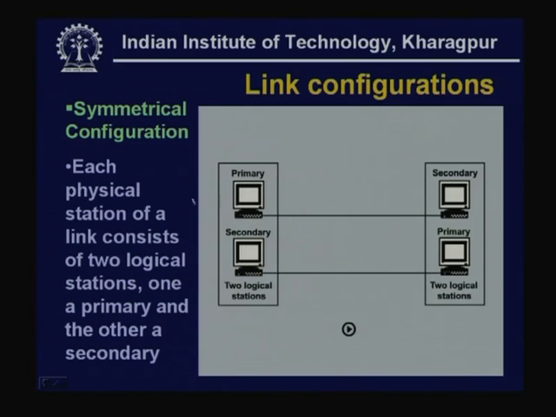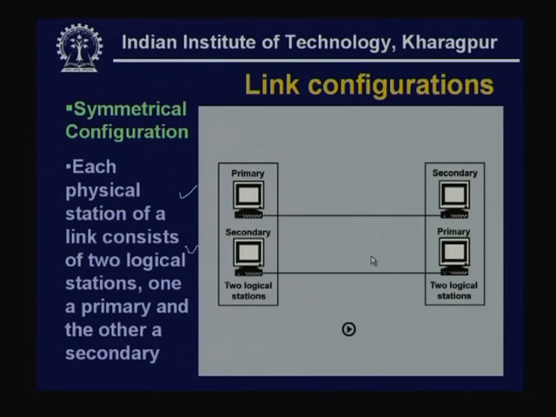The primary is connected to the secondary of the other side, and the primary on the other side is connected to the secondary of this side. So these 2 logical stations communicate with another station which also has 2 logical stations.